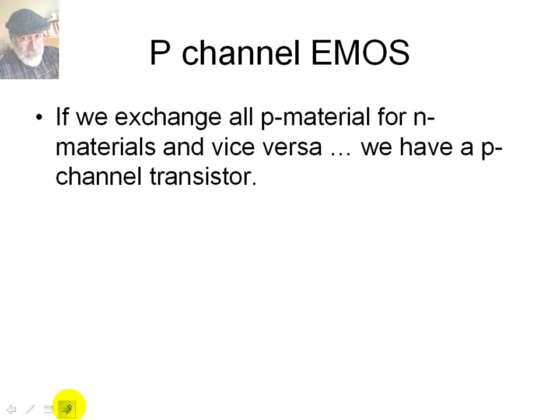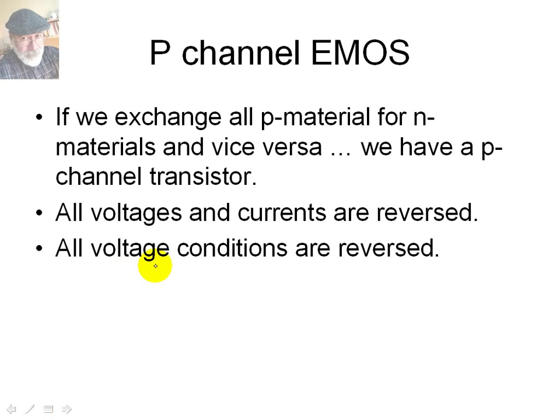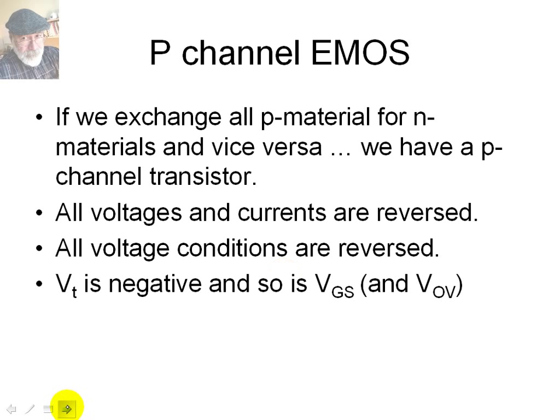So far, we have been using NMOS with an N channel. Sure, the body was a P-type material, but the channel that was formed was rich in electrons, so it was an N-channel transistor. If we exchange all P materials for N materials and vice versa, we have a P-channel transistor. We could do that. All voltages and all currents would be reversed, and all voltage conditions have to be reversed too.